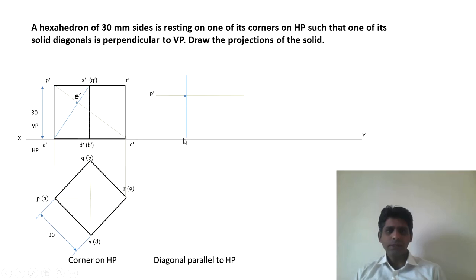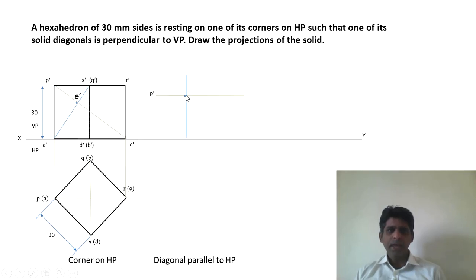You mark this point A dash first, you can construct this line later. So first thing, you mark this point A dash and you draw one line. The length of this line is equal to A dash S dash Q dash. And you have to mark point E dash also because it is required for construction.